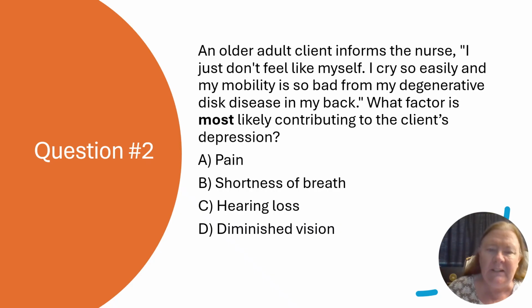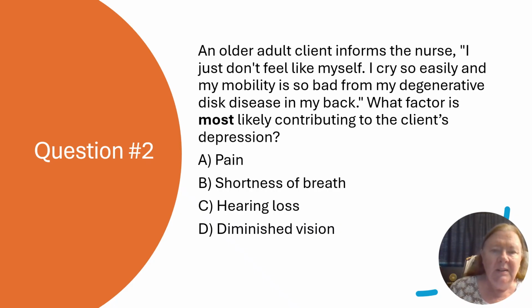All right, we'll give you a minute to think about it. Okay, and on this one, the correct answer is A, which is pain. So the client is telling you that they have poor mobility from the degenerative disc disease in the back. And so pain is what's contributing to the client's depression.